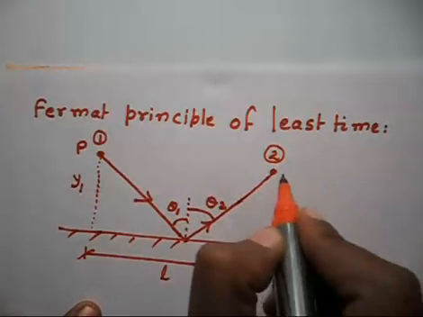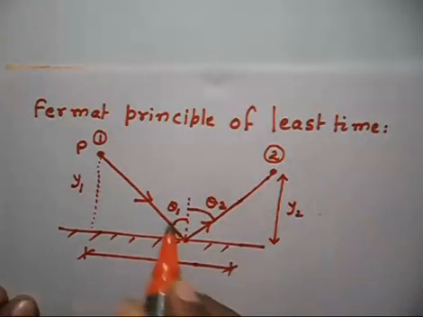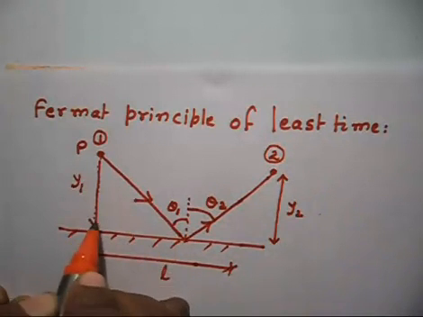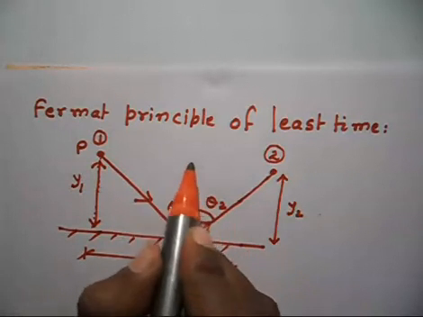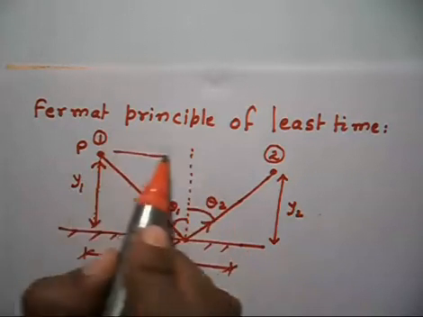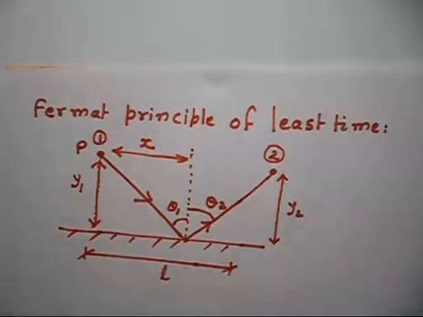This distance is y2, this distance is y1, and the distance from here to here is x.